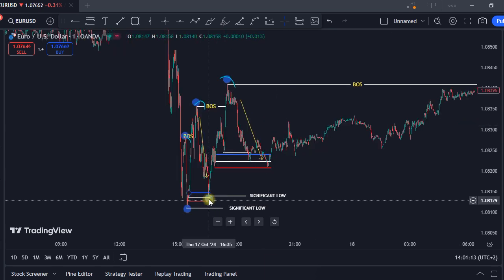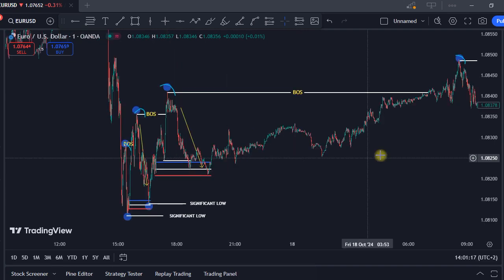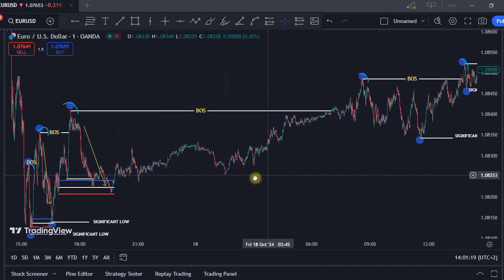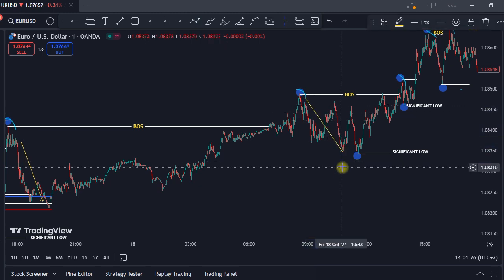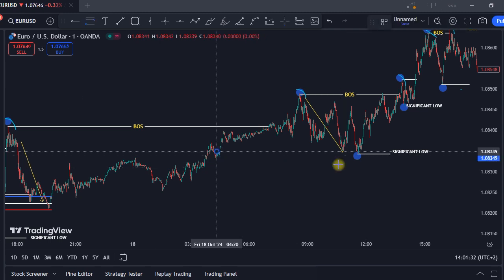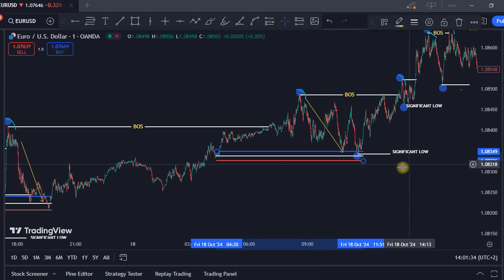So here it reacted on a demand area, also here it reacted on a demand area, and then the market pushed to the upside to take out the internal liquidity. So the market did the same thing. It gave us a retracement over here to the downside, and then it eventually reacted on this area over here, and then it started pushing to the upside.